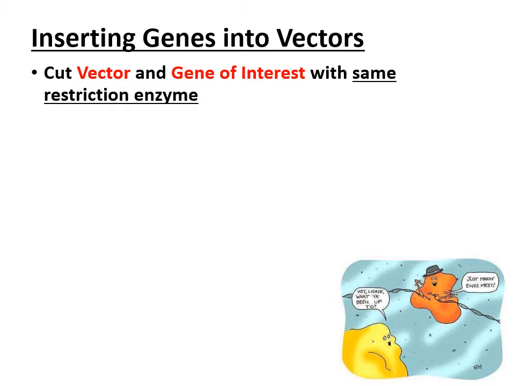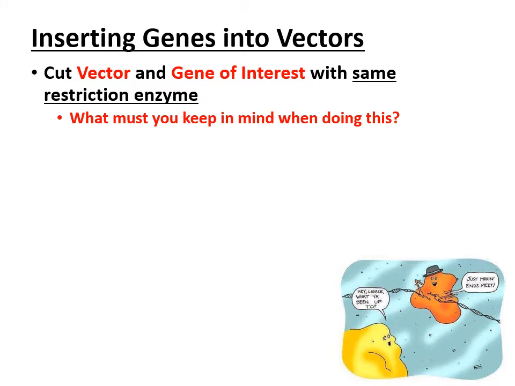Remember, we said you're getting that gene of interest from another cell's genome. So you have to cut out that gene of interest and use the same restriction enzyme so that it will have sticky ends that properly ligate to the vector that you cut open.